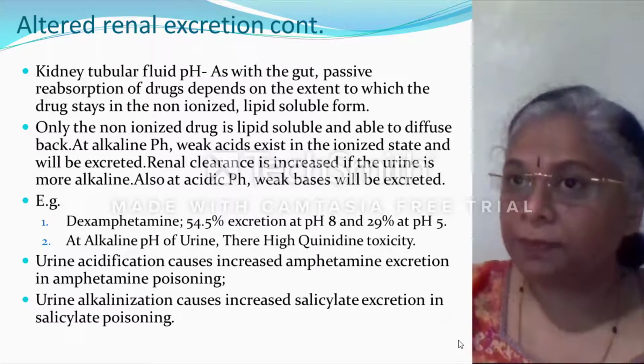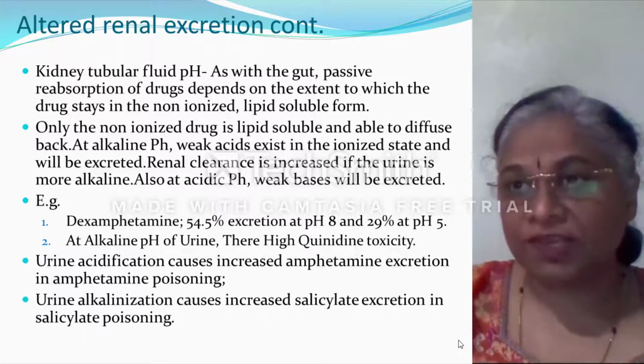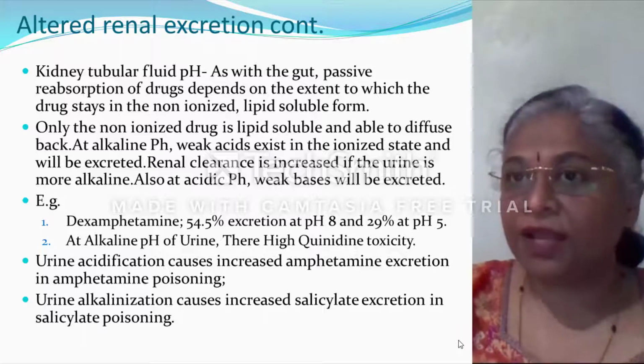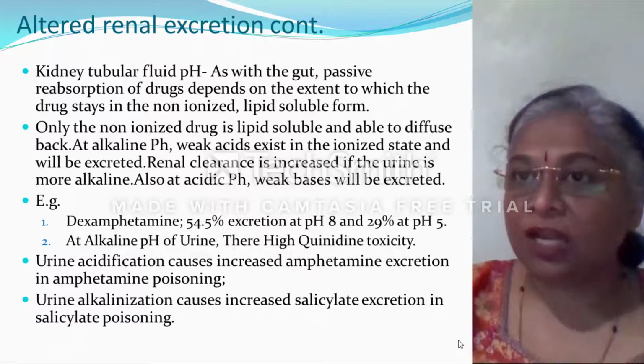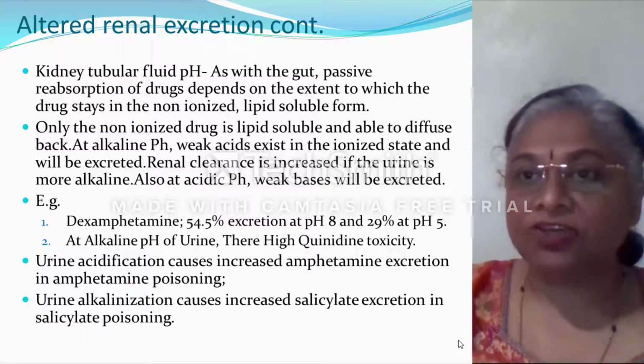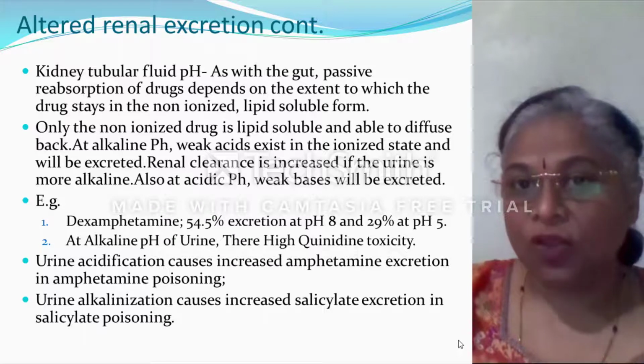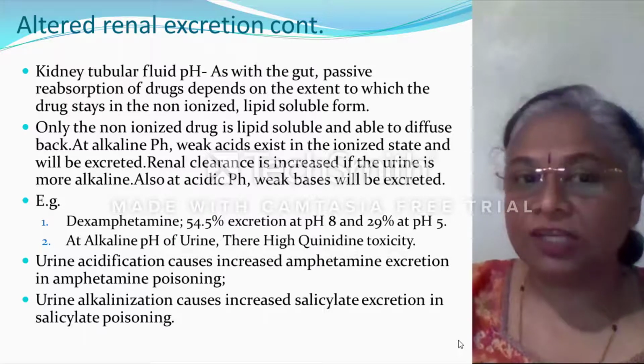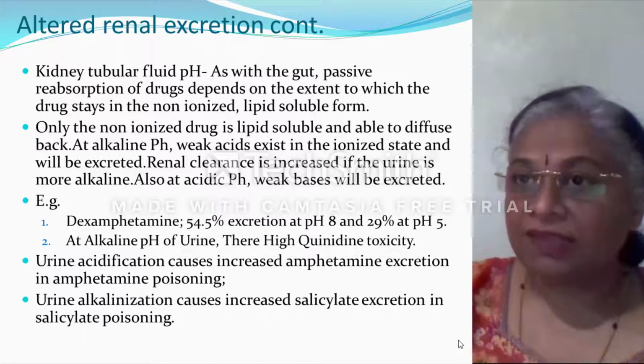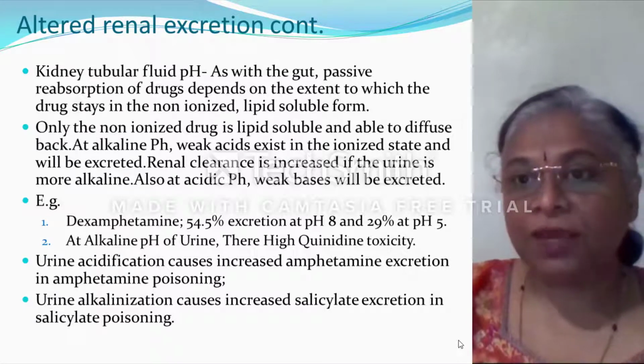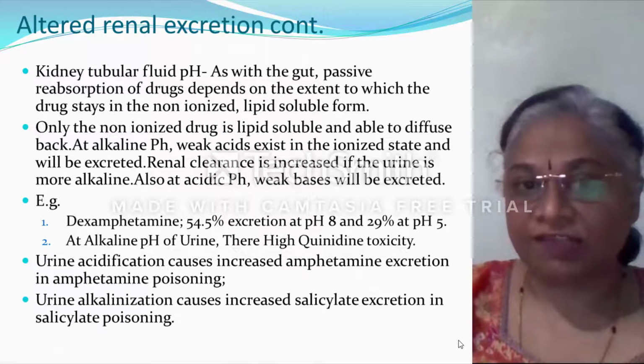At alkaline pH, a weak acid will exist always in ionized state, and therefore if the pH of the tubular fluid shifts to the alkaline side, then the rate of excretion of the acidic drug will increase. So renal clearance is increased if the urine becomes more alkaline for acids, whereas at acidic pH, weak bases will be excreted at a faster rate.